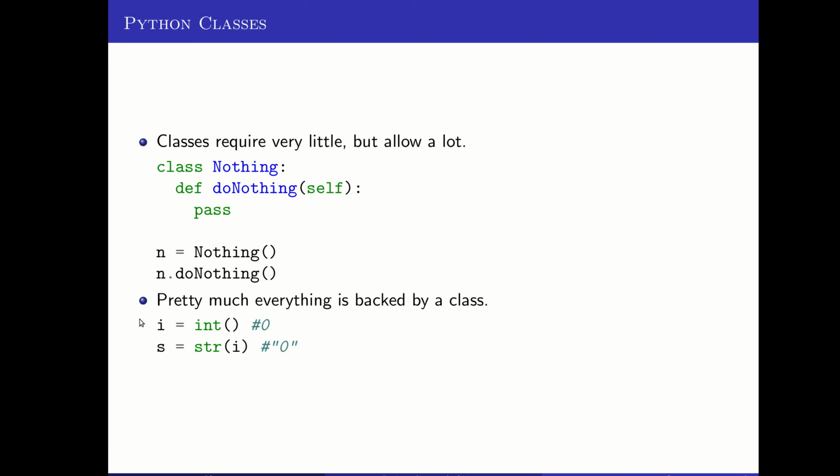And I can create a new string. There's a constructor for the string class, str, with parentheses, and you give it some parameters, something that can be converted to a string. We'll see later how we make a class convertible to strings. And this one, if I fed it I, would be the string, quote, 0, end quote.